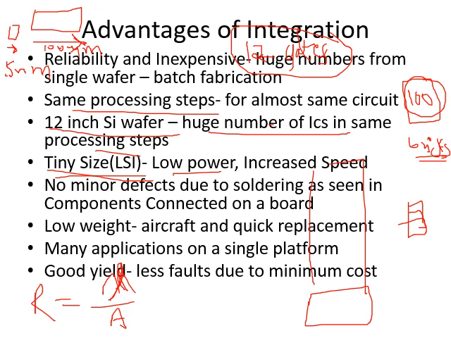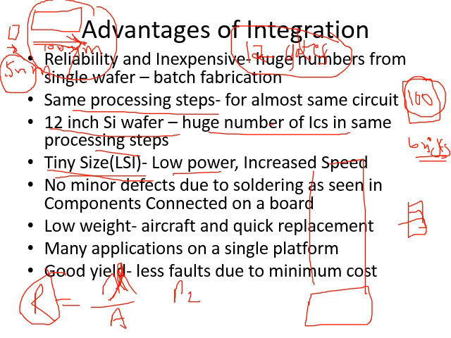If we are increasing the length, that means the resistance of that material will be more, right? So a 5 nanometer material or transistor will have lower resistance compared to a larger transistor or larger material, right? And what is power?